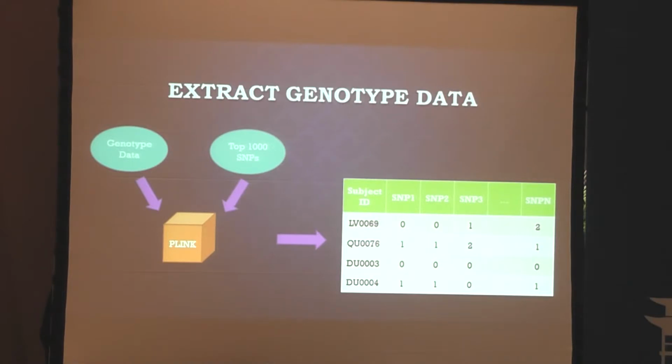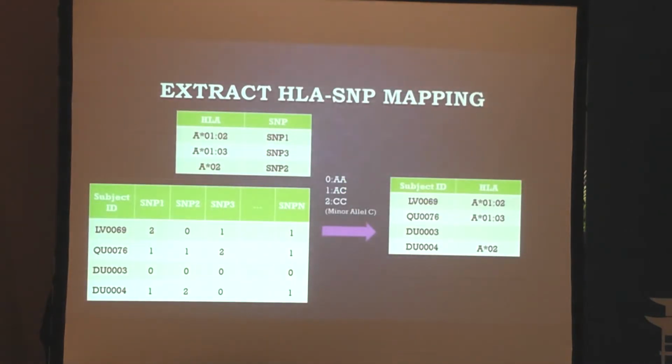So we have the genotype data as shown in the table on the right side. Because we know that the human leukocyte antigens data is published online, it is more trustworthy, so we want to include this information in our study.